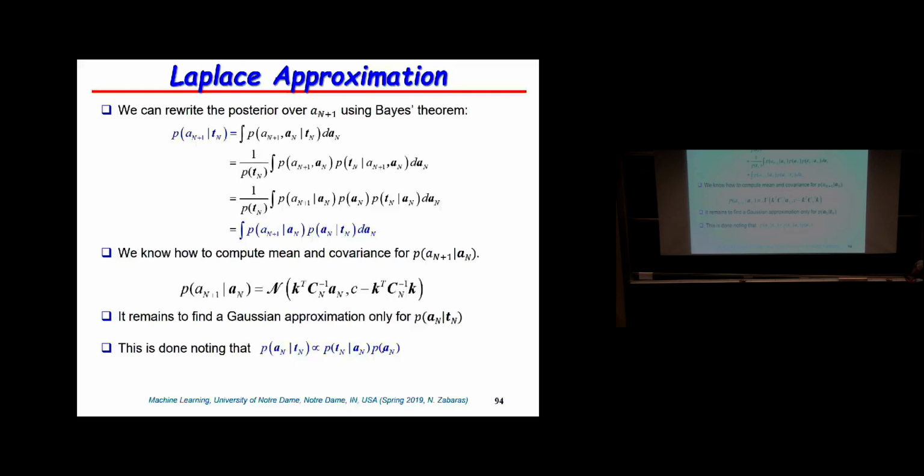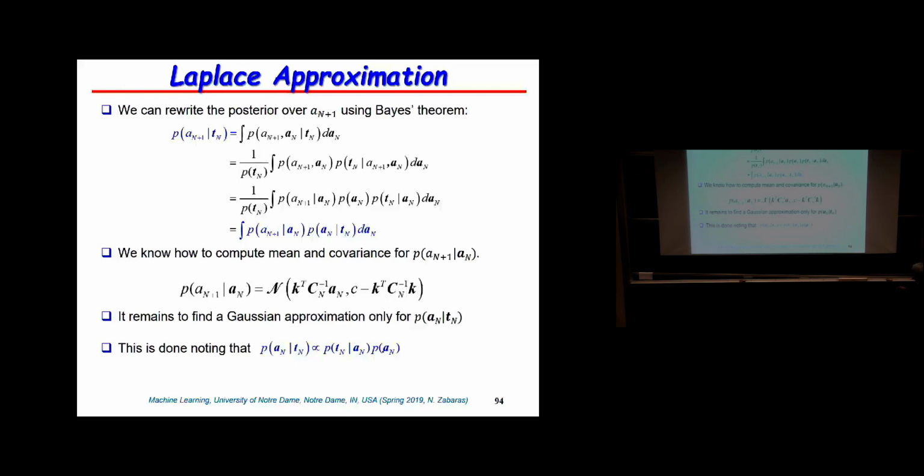Now, we have a problem because you remember T is defined through a sigmoid. This is a Gaussian process, so the probability of an given Tn doesn't look to be a Gaussian. So let's see what we're going to do.